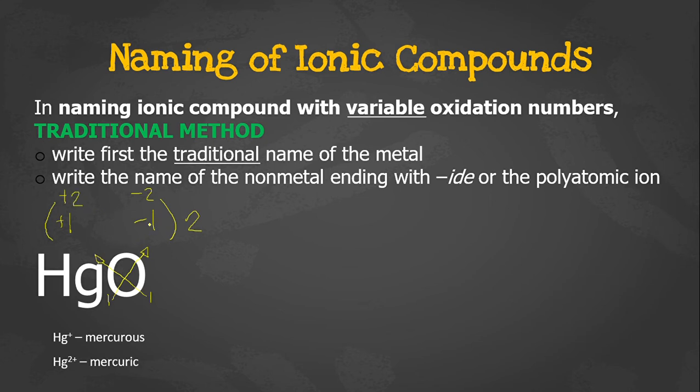Okay, so this is no longer what we will use. Now, it's correct. Oxygen is negative 2. And now, we know what the charge of mercury really is. So, the charge of mercury is positive 2. And positive 2 mercury is called mercuric. So, therefore, the name of this compound is mercuric oxide.